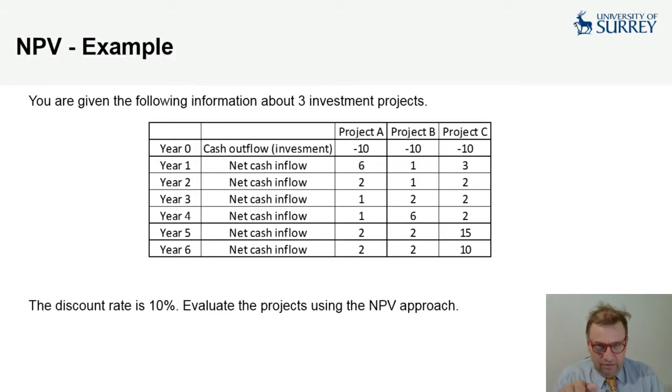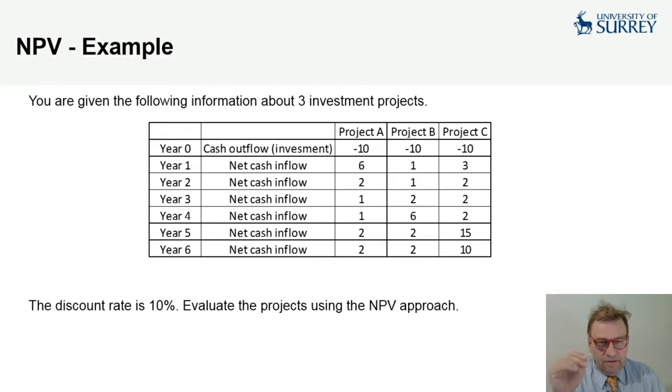But then it goes down. Project B is the other way around: 1, 2, 6, 2. It's sort of more in the middle. And Project C is very different because it pays back quite slowly, like 3, 2, but suddenly in year 5 it's 15 and year 6 is 10.